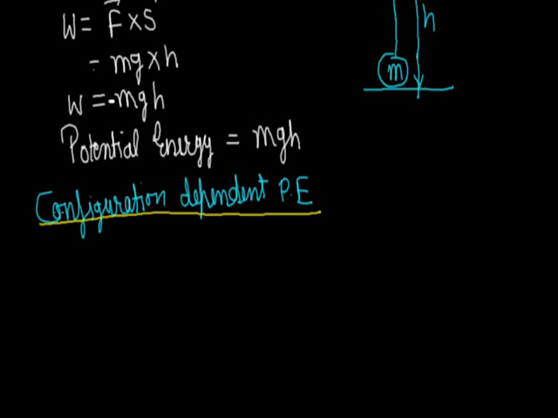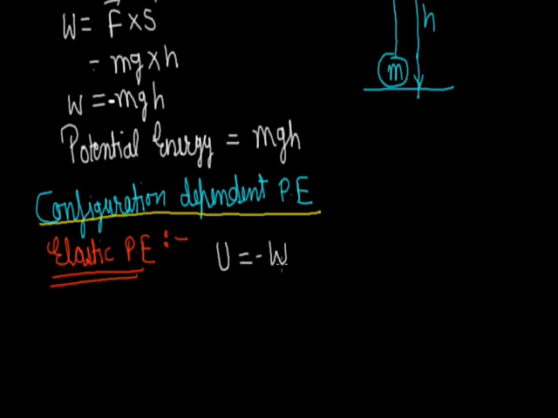So we can calculate here the elastic potential energy. When any spring is stressed or compressed by some amount x from its unstressed position, then potential energy U is minus of work done, and we know work done is minus half kx square, as we have calculated before. So we get elastic potential energy is half kx square.